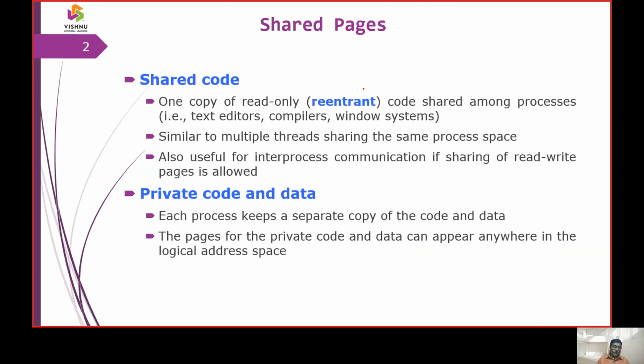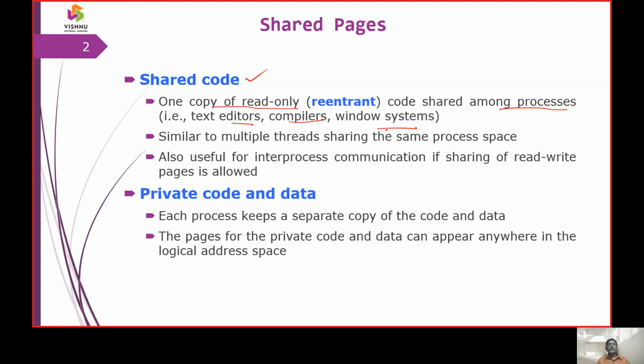So let us look at this shared code. This code is read-only, and it is shared among multiple processes. They use it with editors, compilers, and different types of Unix, Linux or Windows operating systems.